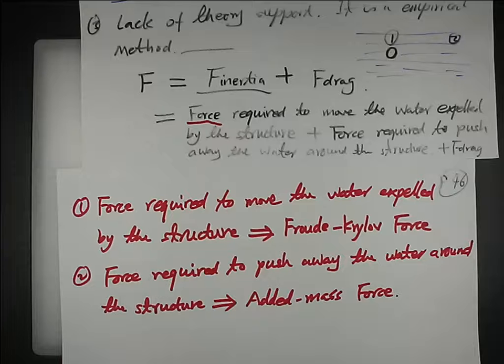It is 1 out of 1,000 times that of water. Wrong. We should say water density is 800 times of air density. Use your calculator. But it is small, okay?